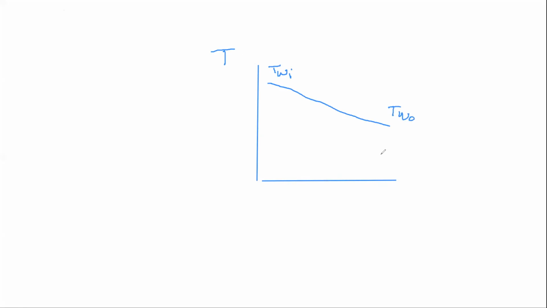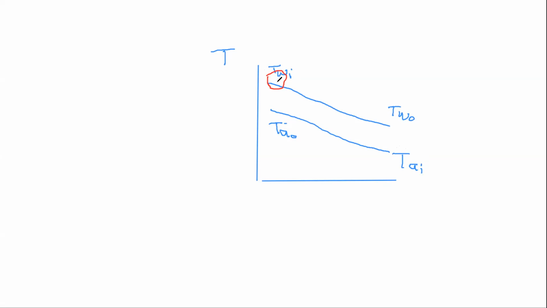Then air goes in a counter current arrangement, so this is T air in, and this is T air out. This makes it easy when I'm looking at this condition. On the water side, the water inlet occurs at the highest temperature, which is here, and then it cools down.